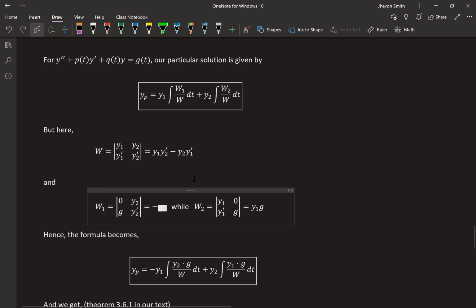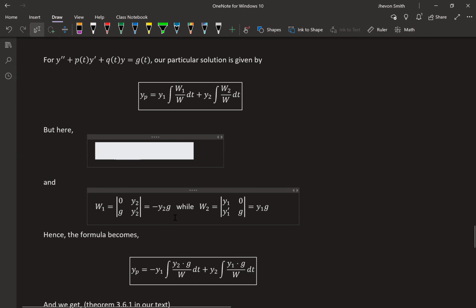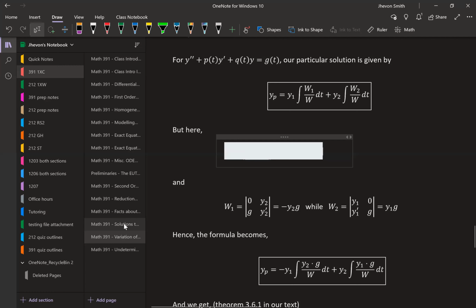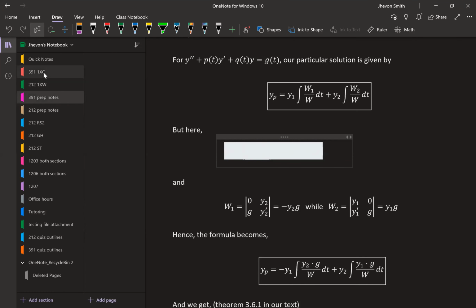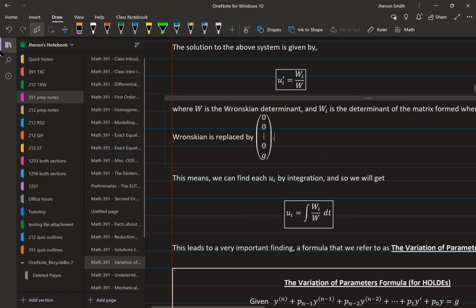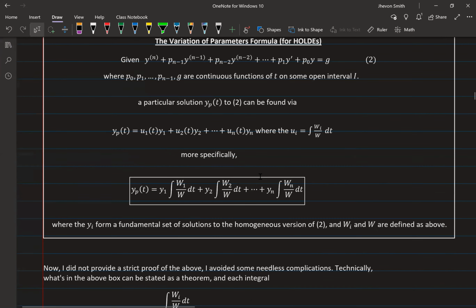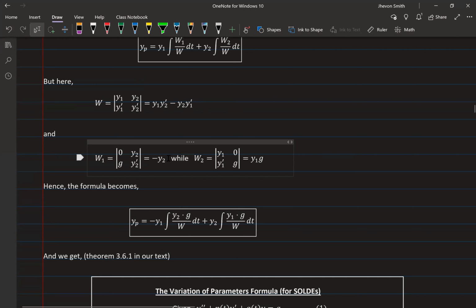Here's another typo. That would leave me with minus y2 times g, and W2 would actually be positive y1 times g, making a lot of typos. I typed all of this, and obviously there's a lot of notation going on here. So I'm missing a g from here.